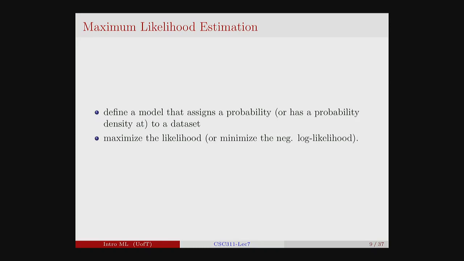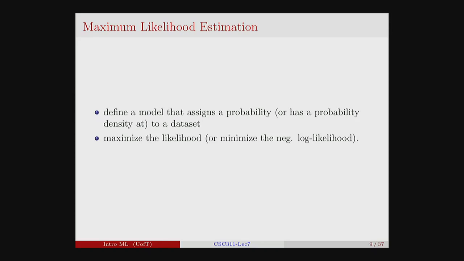Then we needed to know what parameter we should use for the Bernoulli random variable itself. In order to do that, we used the principle of maximum likelihood estimation to figure out what the right setting for the parameter theta is. Once we had that parameter configuration for theta, we were done. We can now use this as a model to predict what might happen in the future with this coin.